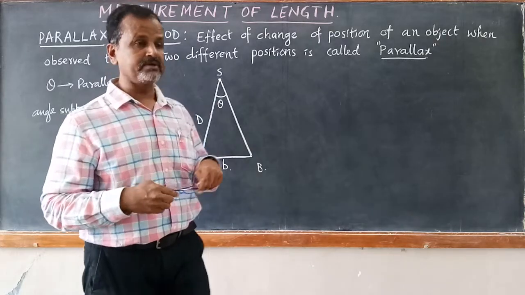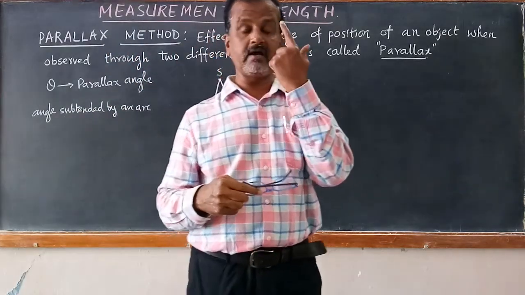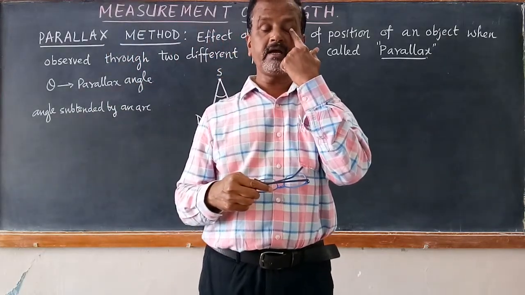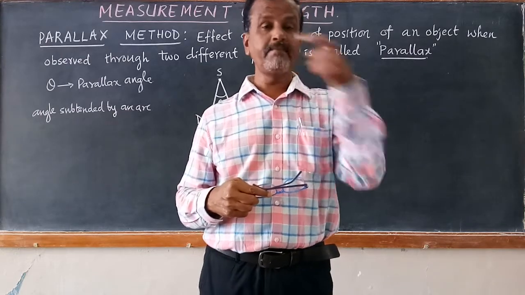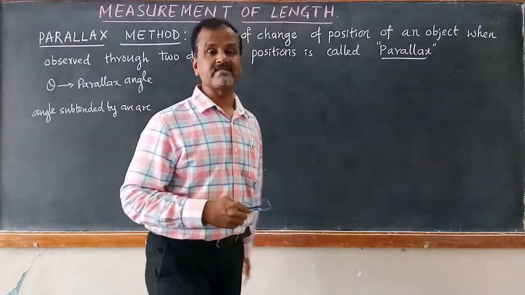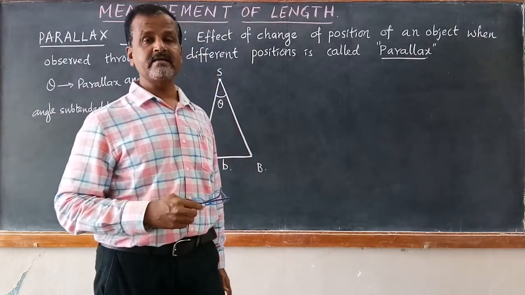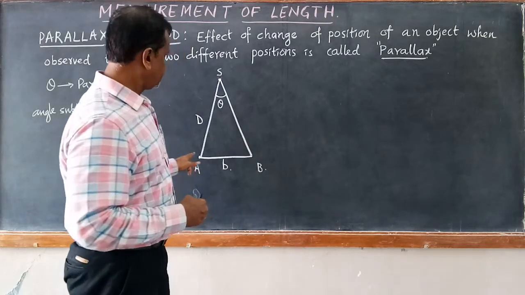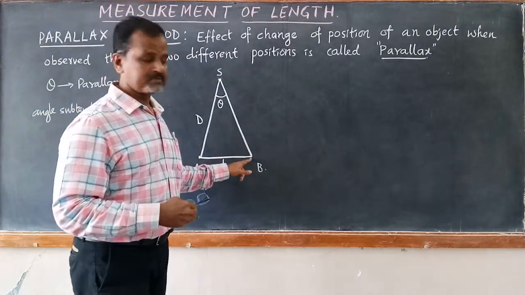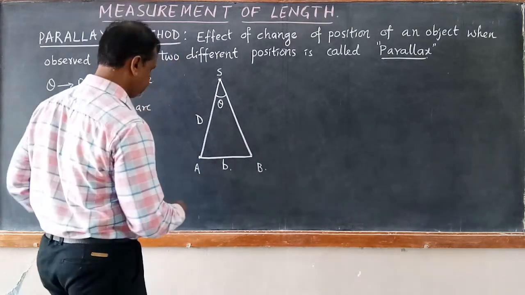For example, if we are observing with the left eye and right eye, the distance between the left eye and the right eye becomes the basis. It is called basis, B-A-S-I-S, denoted by b. This distance between the points of observation is called the basis.